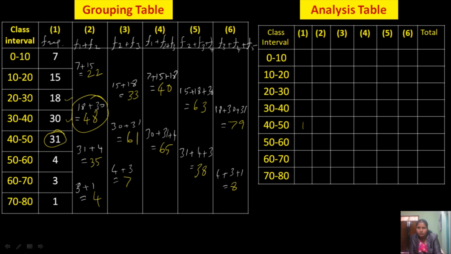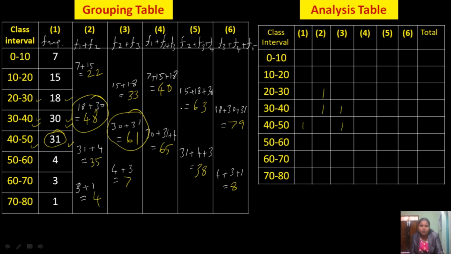It corresponds to 20 to 30 and 30 to 40. I put 1 against 20 to 30 and 30 to 40 under column 2. In column 3, 61 is the highest value, obtained by adding 30 and 31, corresponding to 30 to 40 and 40 to 50.